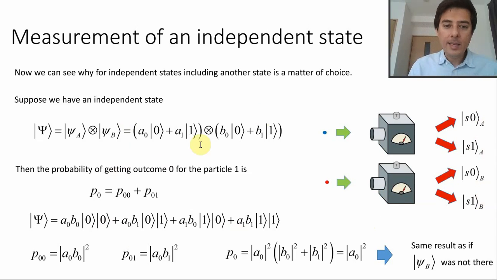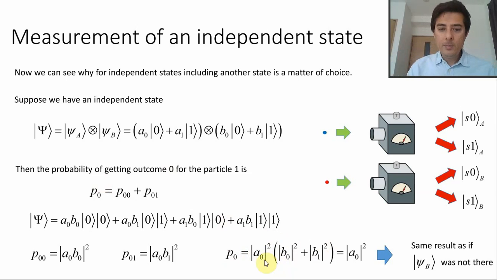So in the case of this independent wave function, if we just go and calculate these probabilities, P00 is the mod squared of A0 B0, and P01 is the mod squared of A0 B1. And the total probability, as in the probability of Alice getting 0 and not caring about what Bob got, is going to be basically the sum of these probabilities.